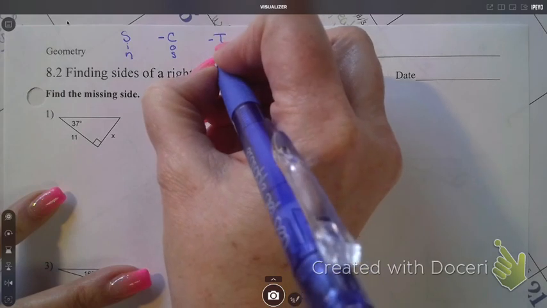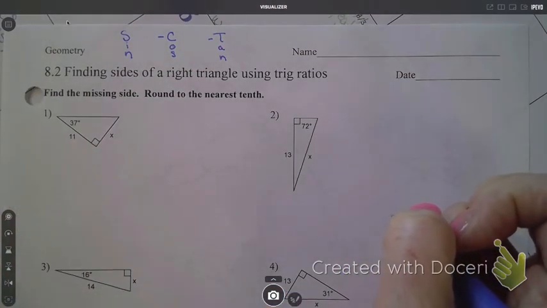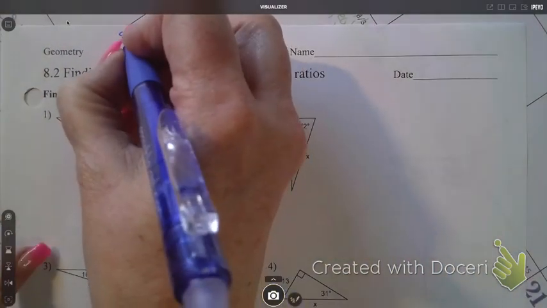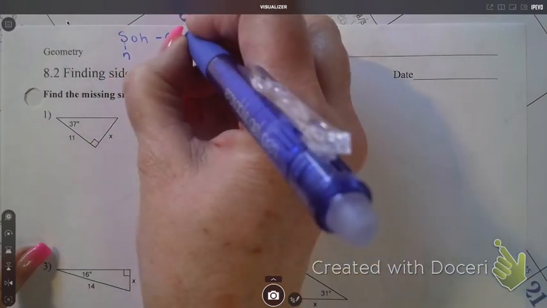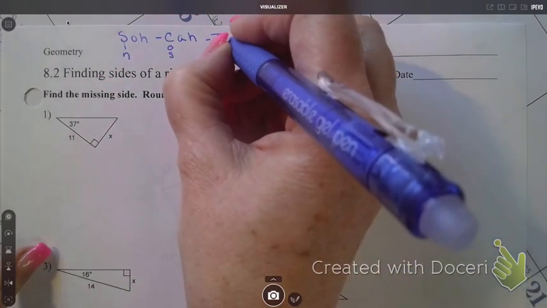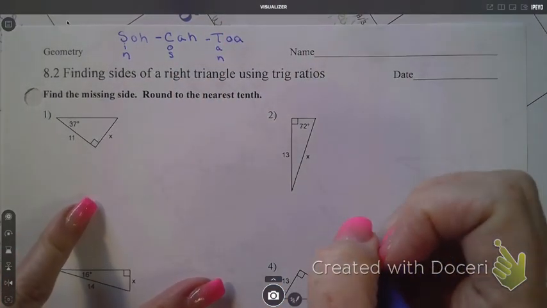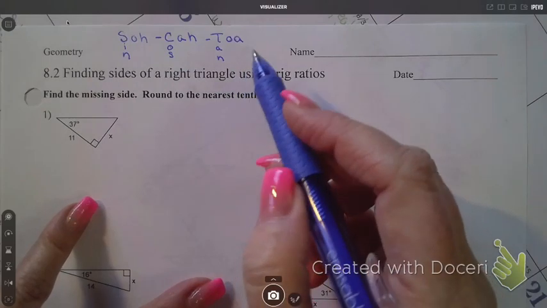And we abbreviated them SIN, COS, and TAN. And I gave you at the top a SOHCAHTOA, right? Because sine was opposite over hypotenuse, cosine was adjacent over hypotenuse, and tangent was opposite over adjacent. So after you did your worksheet yesterday, you wrote that several times, and so hopefully it's kind of stuck.